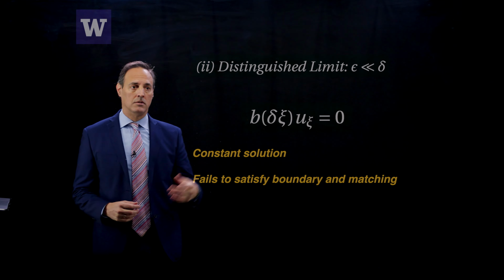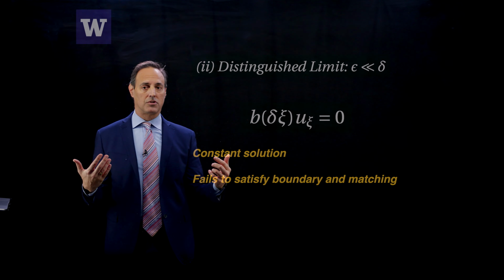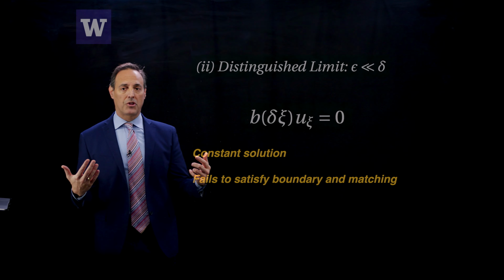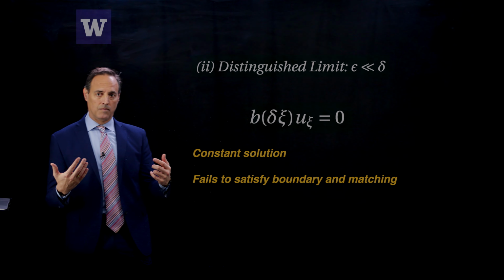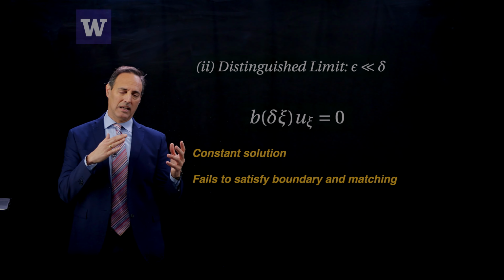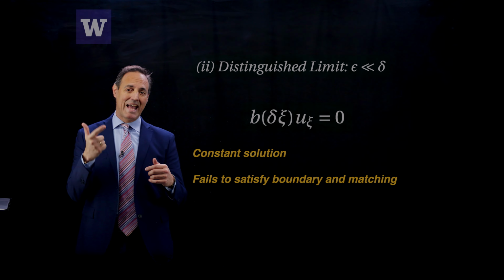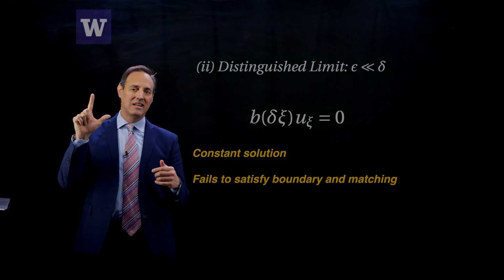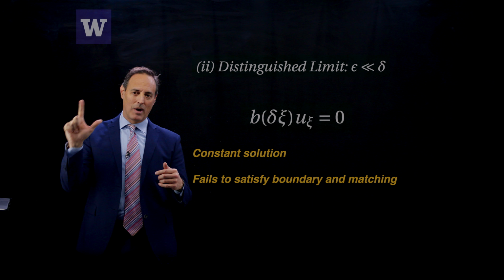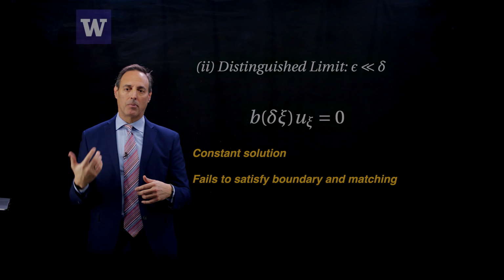Well, uxc is equal to 0, essentially. So your solutions are just constants. Now the problem with the constant solution is that you have to satisfy with this inner solution both a boundary condition and a matching condition. So you need two parameters to do this. And here you only have a single parameter.